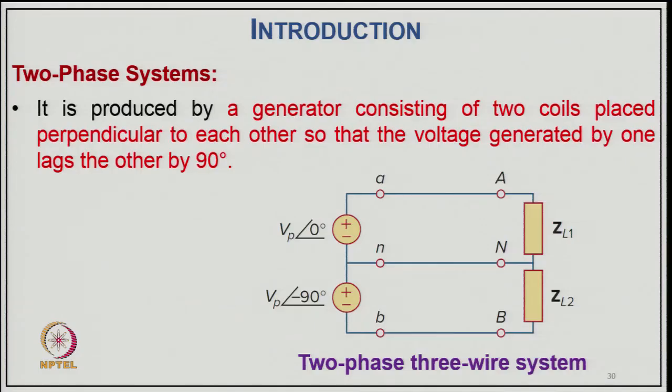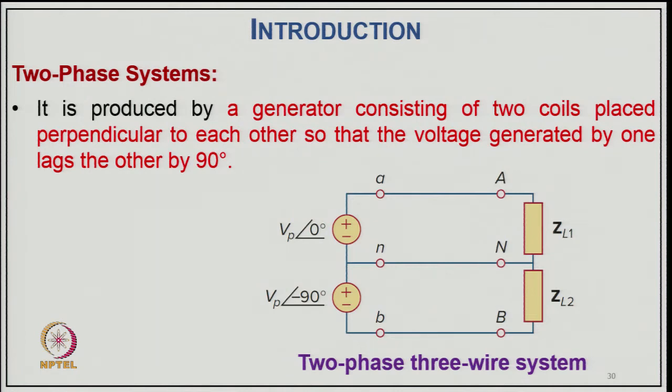Now, you can have a 2 phase system, produced by a generator consisting of 2 coils placed perpendicular to each other, so that the voltage generated by one lags the other by 90 degrees, as you can see here. But you can see why we have not adopted the 2 phase system, because here we have 3 wires, but only power flow corresponding to 2 phases. Even in 3 phase we need 3 wires.